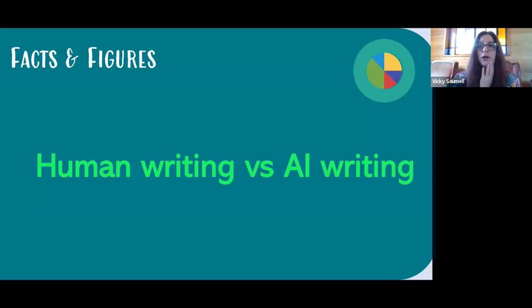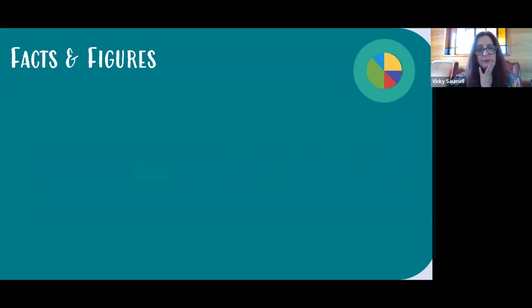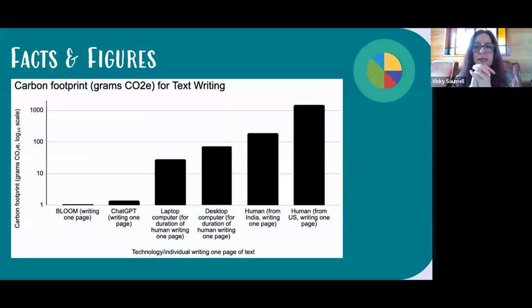And so I'm going to share a chart. If you look at the bottom part of the chart, Bloom and ChatGPT are AI tools. And the rest is human writing without using AI. And the higher the bar, the more intensive the carbon footprint is.